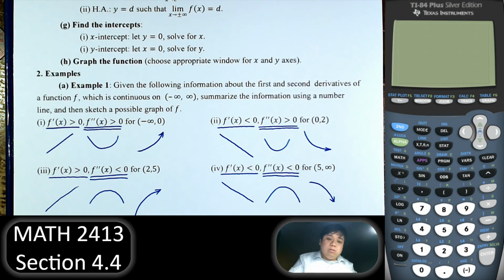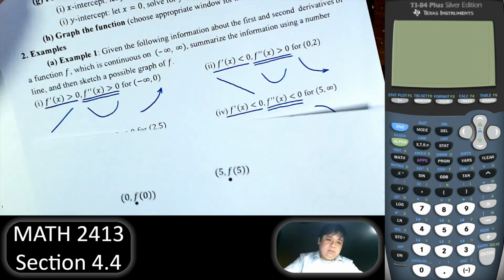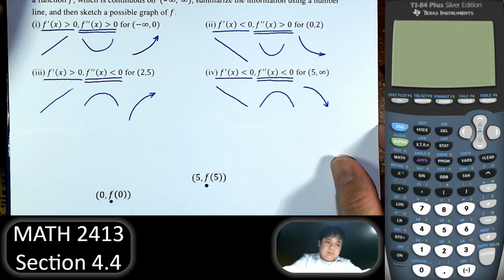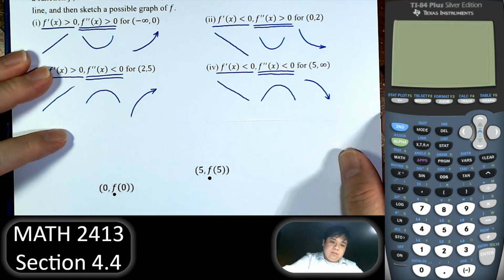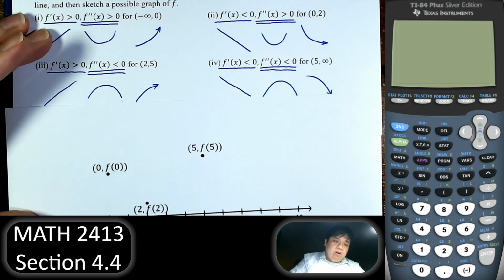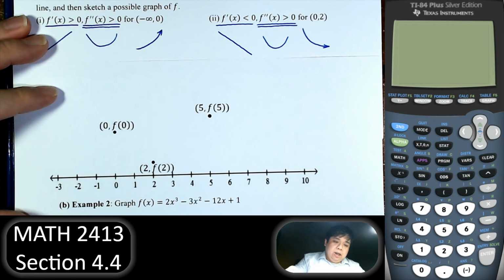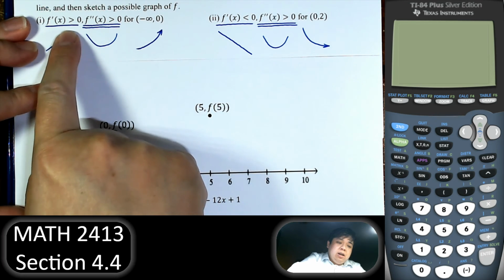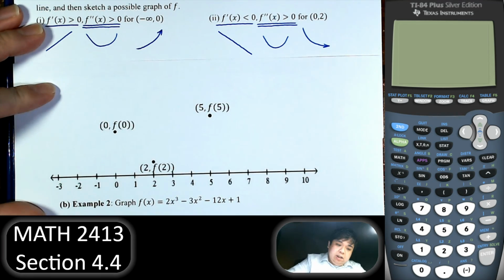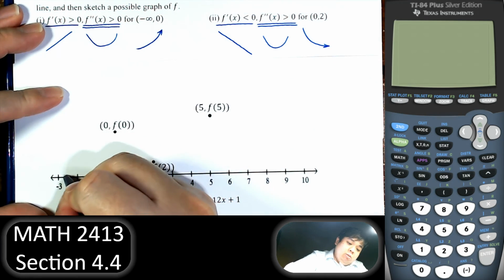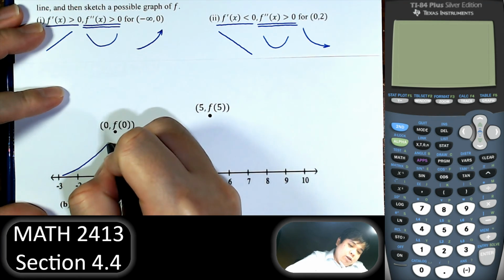And then when we put them together in the graph, first we know that from negative infinity to 0, it is increasing and concave up. We did not know much about the function, but we know it's going to go up to this point.